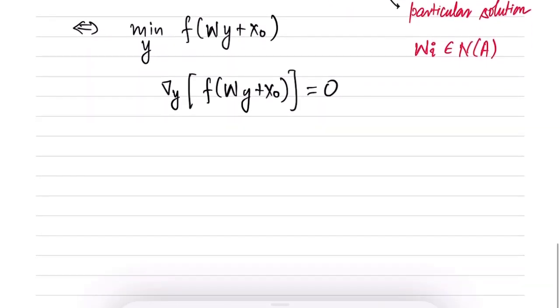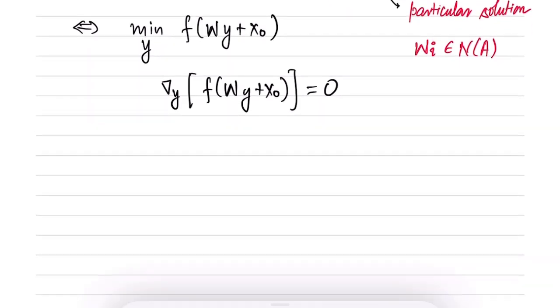So how do we take the gradient with respect to y? We simply use the chain rule. So the chain rule would say that W transpose gradient f of (Wy + x0) is equal to 0. Remember that W has n rows, so W transpose would have n columns, and those are multiplying with the n entries of gradient f, right?